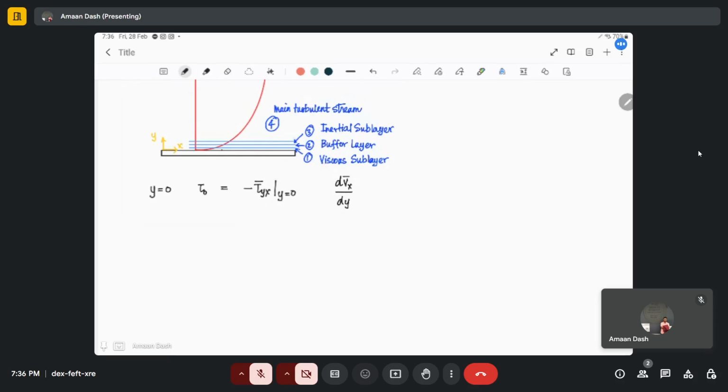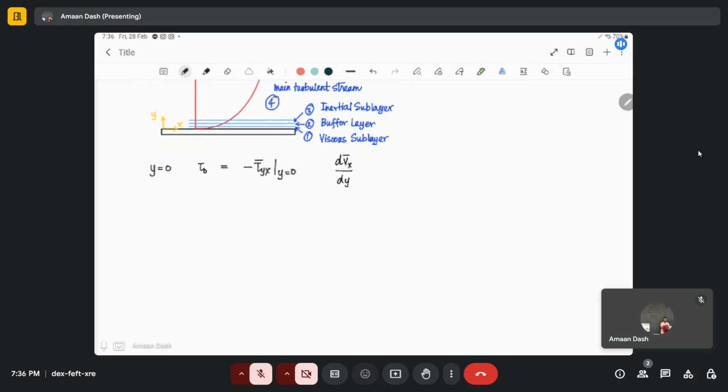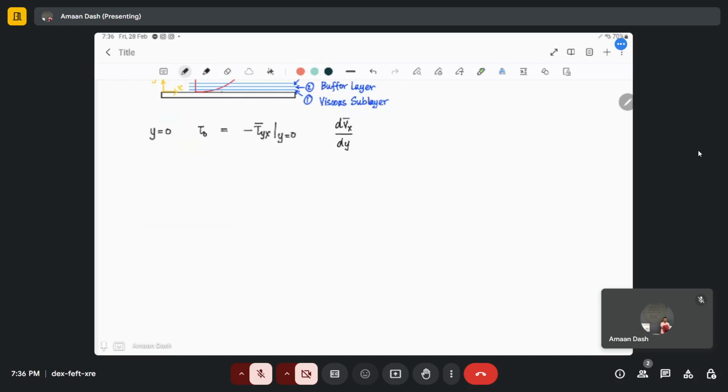Beyond this viscous sublayer, from this inertial sublayer, it will not depend on the viscosity because there is no influence of viscosity once we go beyond the inertial sublayer that we have already considered.